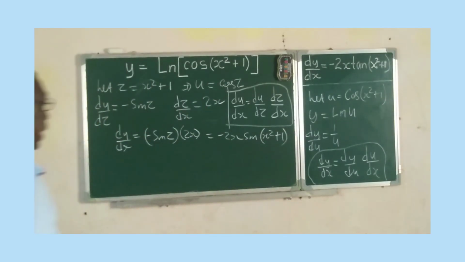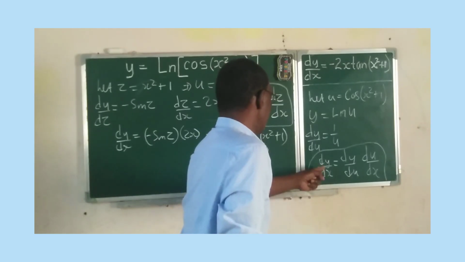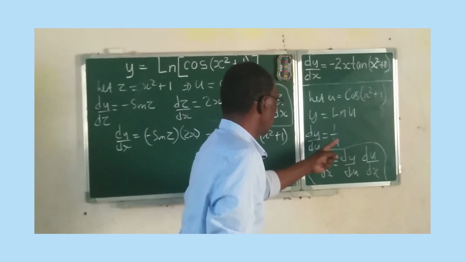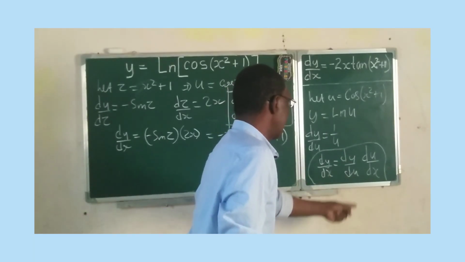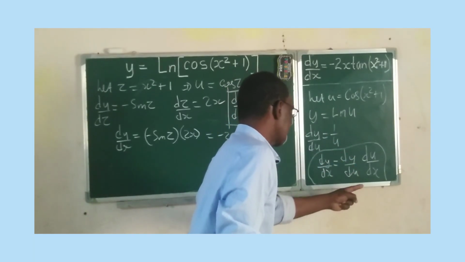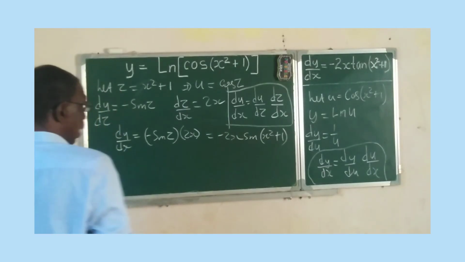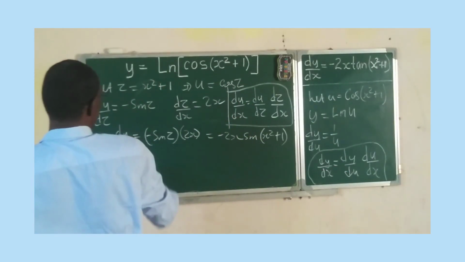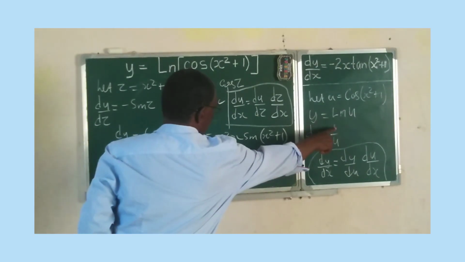Now, back to our initial problem. We wanted our dy/dx, which we said is dy/du multiplied by du/dx. Let's plug in the values. Our dy/du is 1 over cosine of x squared plus 1, because it's 1 over u, isn't it?